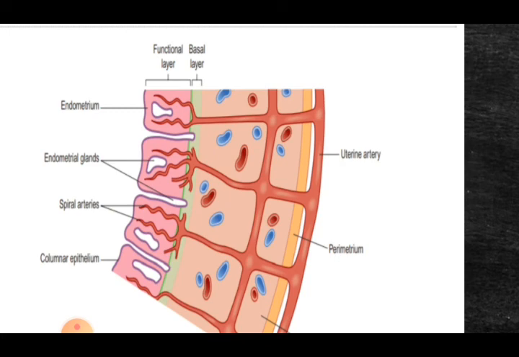And during the menstruation cycle definitely the functional layer will become thin. The basal layer that is lying next to the myometrium is not lost during the menstruation. Just remember that it will not go through any change during the menstruation, and this is the layer from which the new functional layer will regenerate during the next cycle.